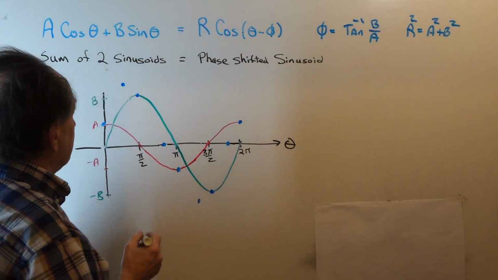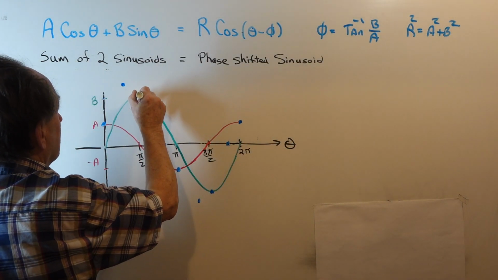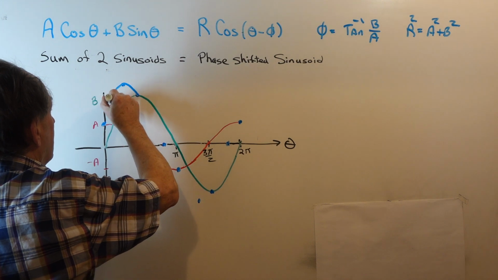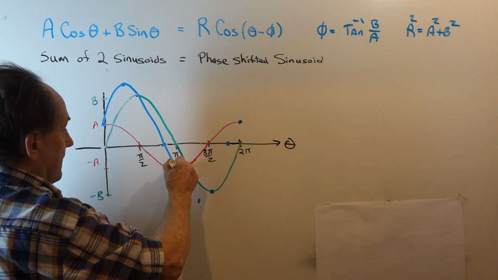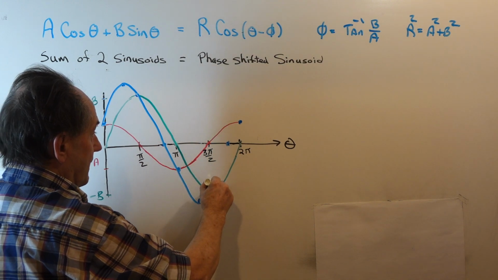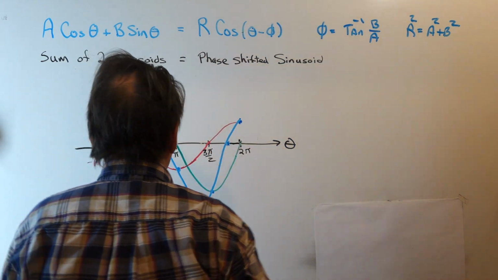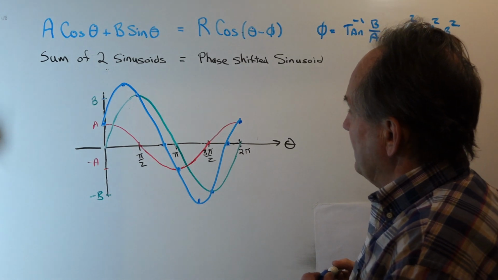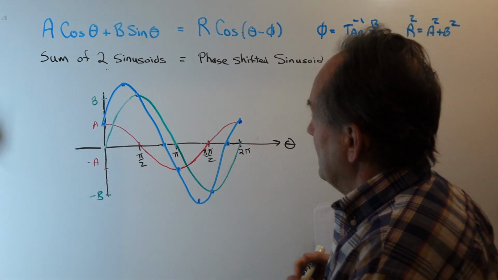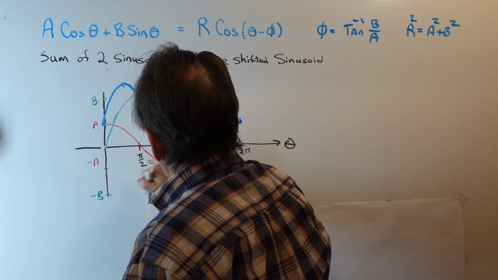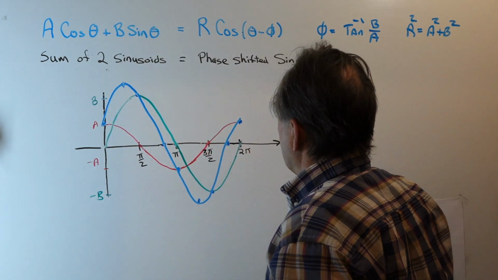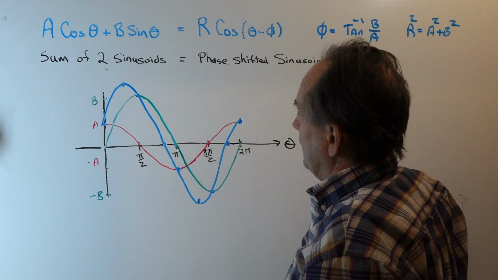So if we were to plot this out, what the sum will look like is that? We see that it's phase shifted. It retains a maximum and a minimum that aren't at the cardinal values that the sine and cosine were at.